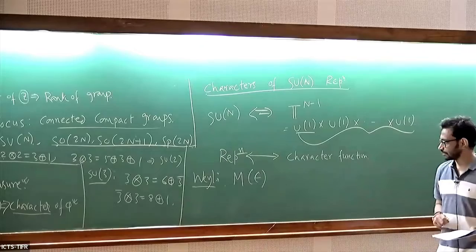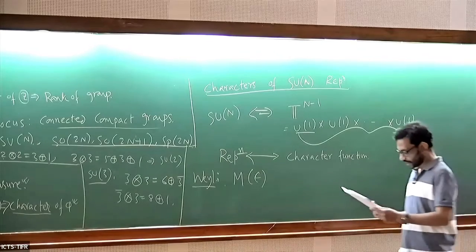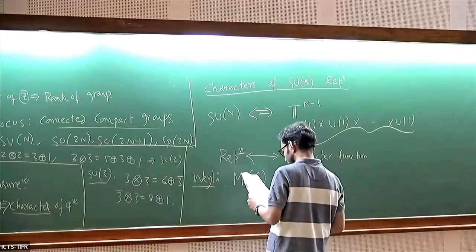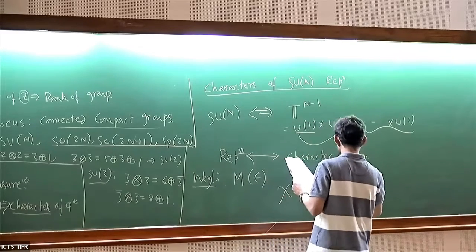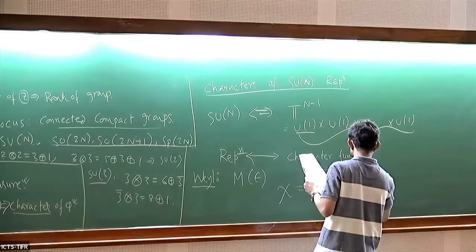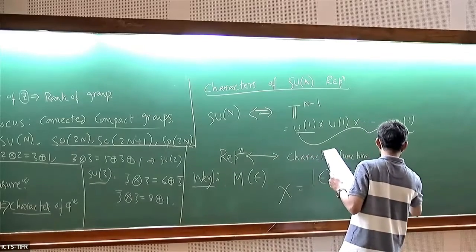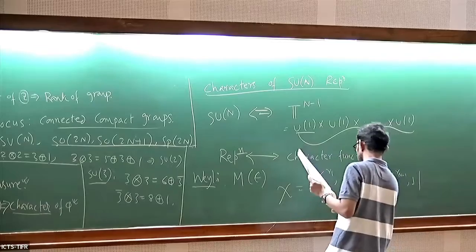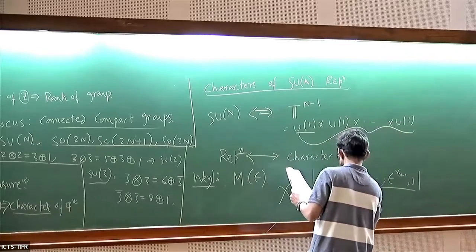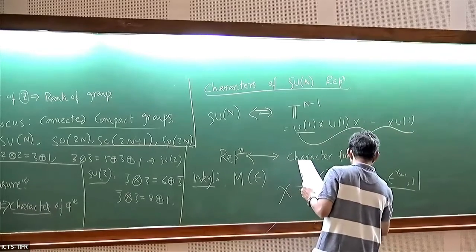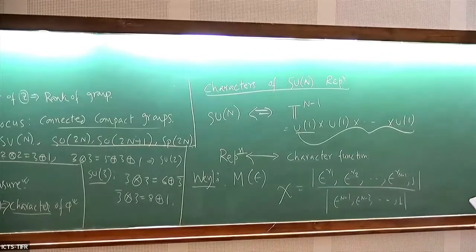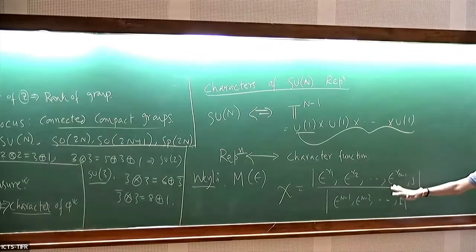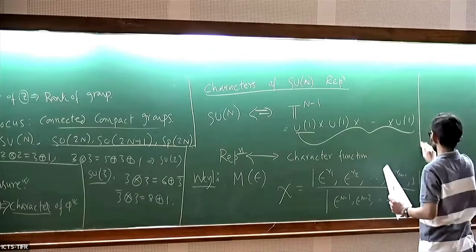So let's say I'm considering any irreducible representation M, and the character is given as, let me write down and then I'll explain. One, okay. So this is a ratio of these two determinants. Now, how do you write down this thing?